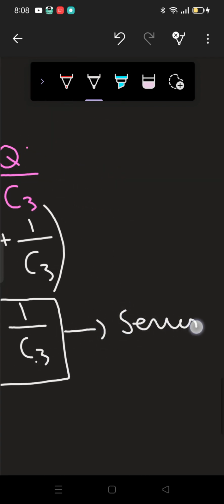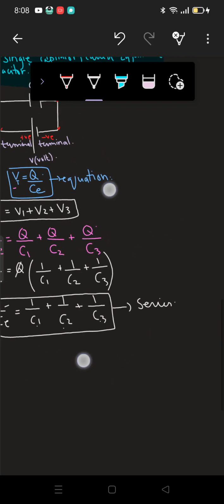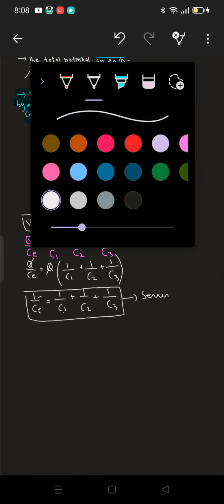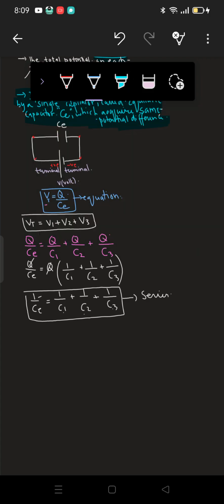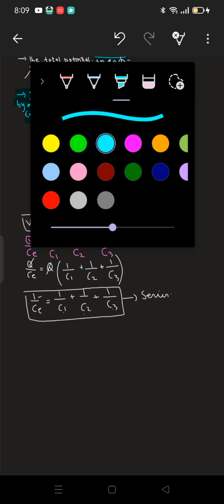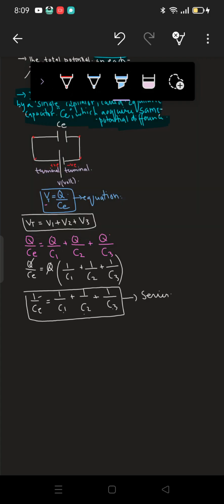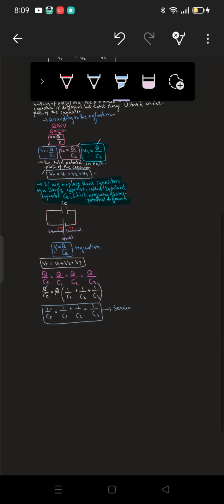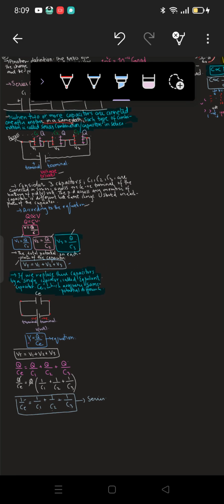Which means if the examiner asks you to find the equivalent capacitance in series, what you need to do is take the sum of all the reciprocals of the individual capacitors. So here our capacitors in series, or series combination, completes.